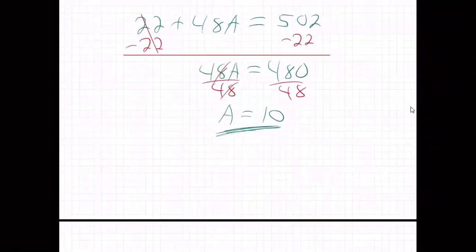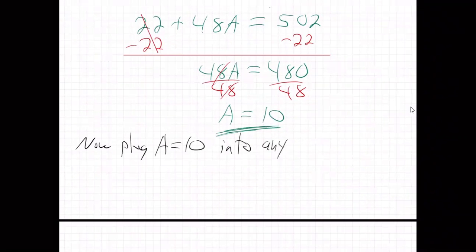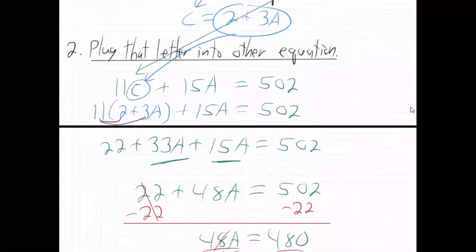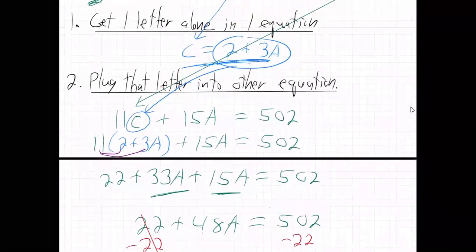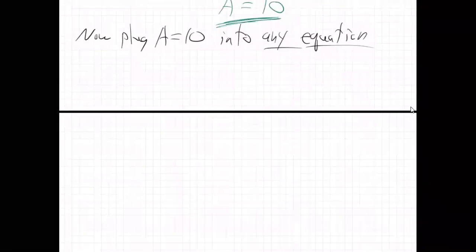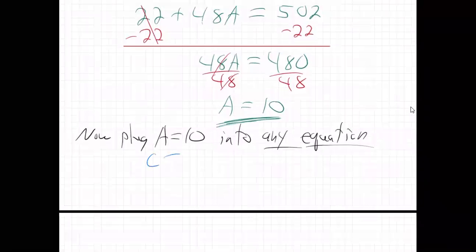So you know how to wrap these up in the end, right? Now plug A equals 10 into really any equation. You can't go wrong here. Just plug it into any equation. So I'm going to grab that first one, which is this one. C equals 2 plus 3A.